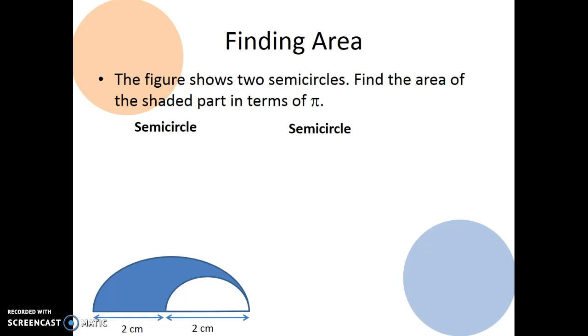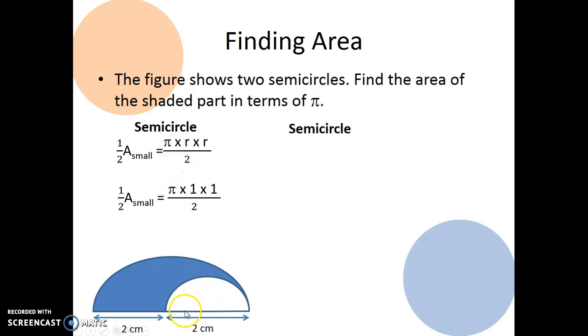Alright, first we're going to solve for the big semicircle. So just thinking through this problem, if I want to find the area of this shaded part, I'm going to need to find the whole area of this large semicircle, and then I'm going to need to subtract the small semicircle from it. So I guess we're starting with the small one. So we'll start with the small one, and I've got my formula, and I'm substituting in my values.